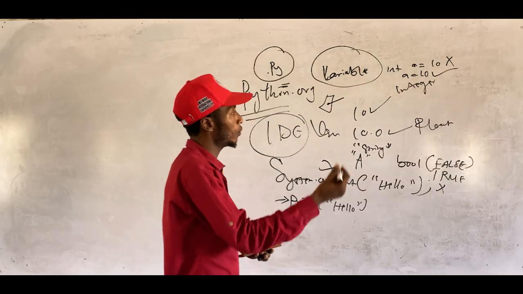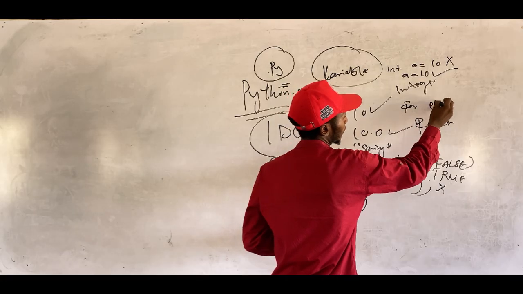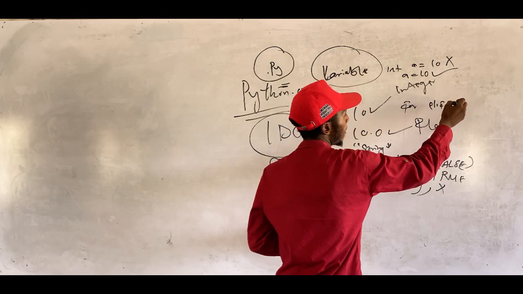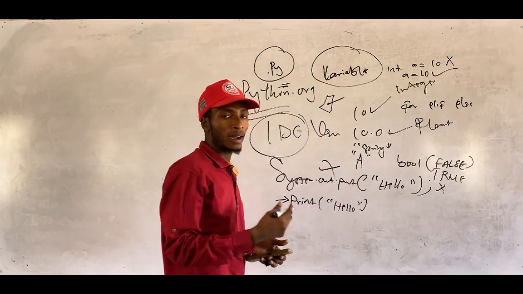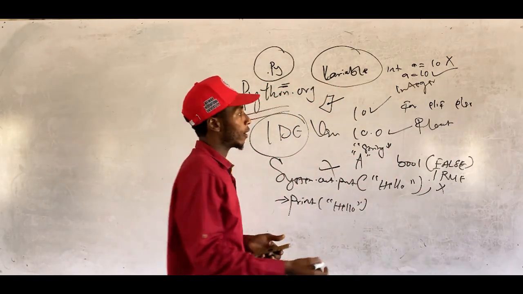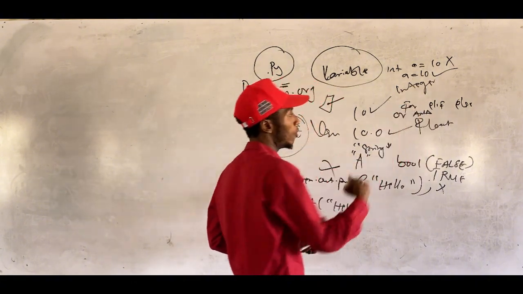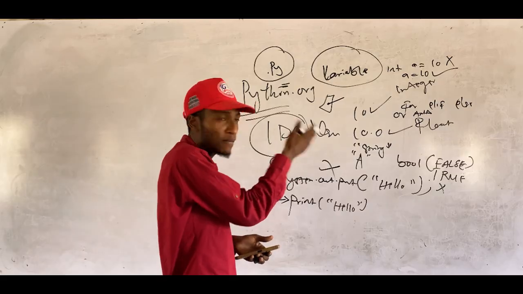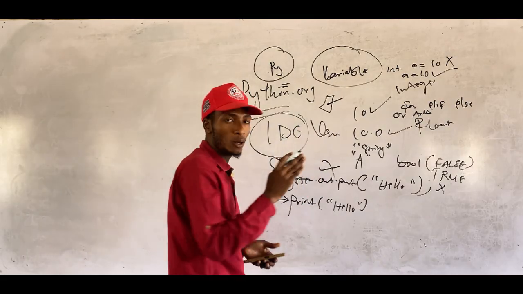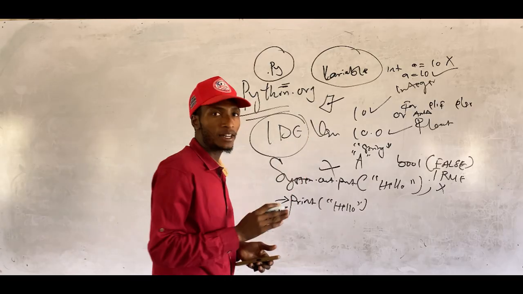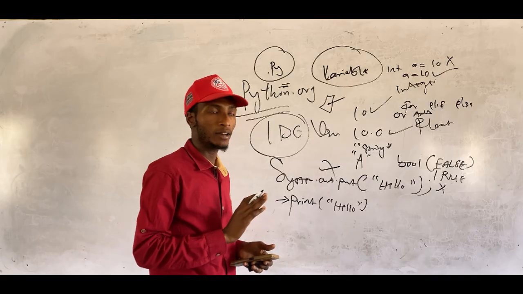We have other keywords like for, elif, else, or, and. They are all keywords, so they are reserved words. Please, you shouldn't use any of them while declaring your variable.